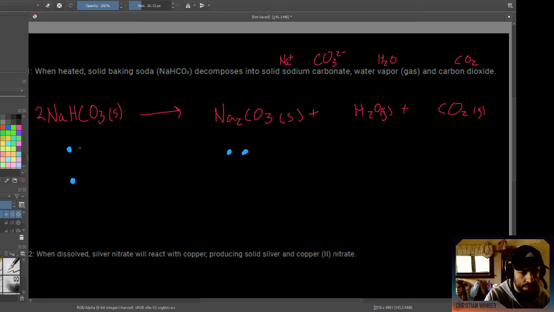So this sodium is attached to a carbon, and this sodium is attached to a carbon. These two sodiums are both attached to the same carbon, and there's a carbon over here. All right, next, hydrogen. Here's a hydrogen, and here's a hydrogen. No hydrogens here, but two hydrogens here.